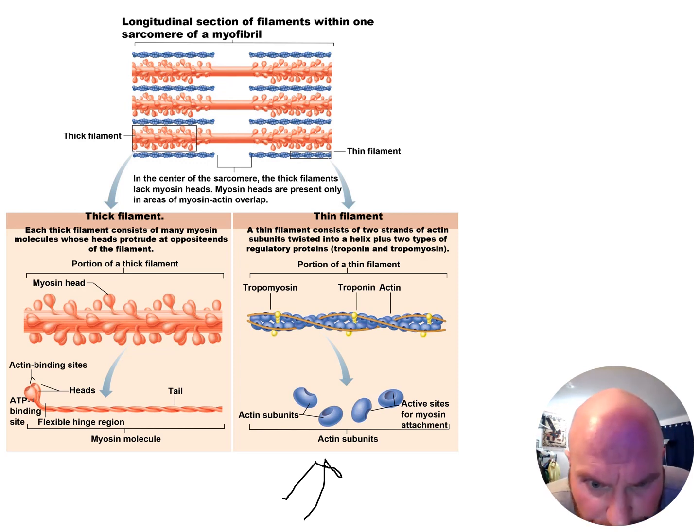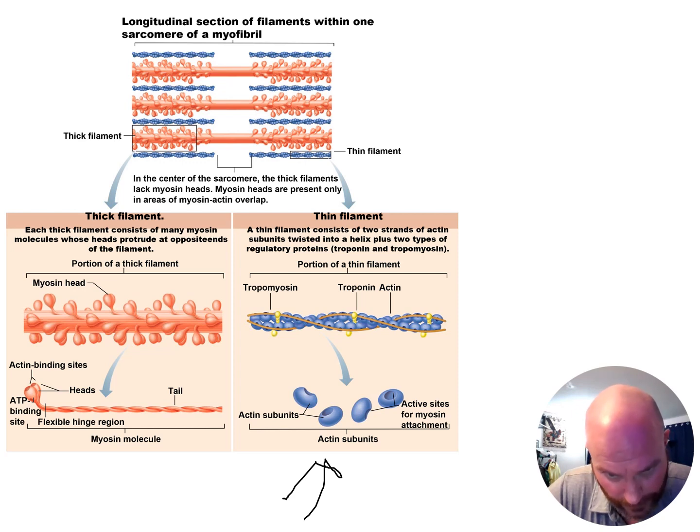Notice how the tropomyosin is this long brown colored helix-shaped almost line of proteins that is blocking, almost uniformly, the active sites for the myosin attachment on the actin subunits. This is tropomyosin.